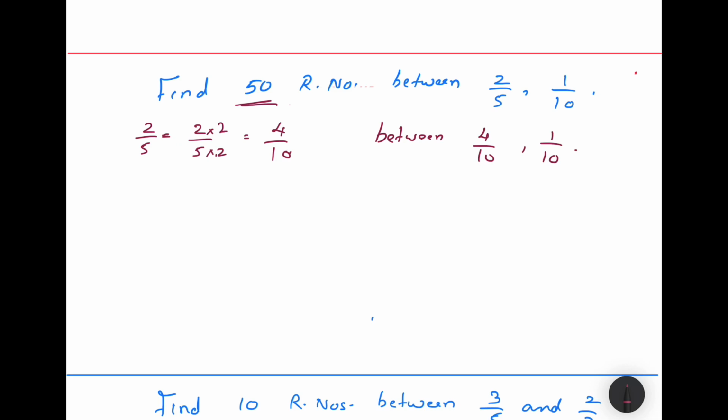So now we will multiply 4 by 10 into 10 by 10, so 40 by 100, and then 1 by 10 into 10 by 10 equal to 10 by 100. Again if you see, you have only between 10 and 40, from 11 to 39 only you can write. So you will not get 50.